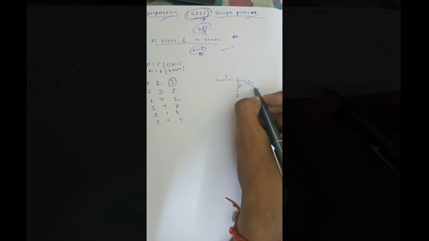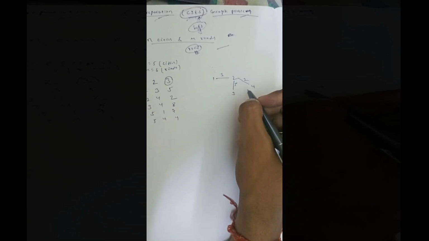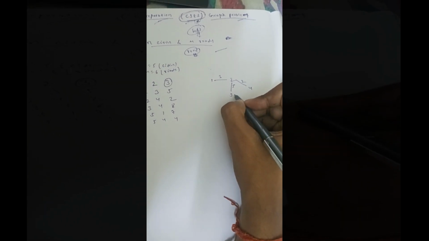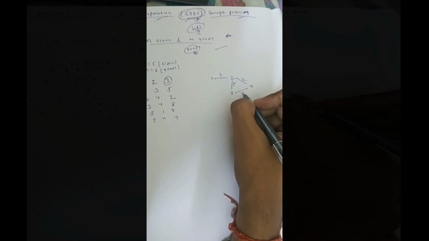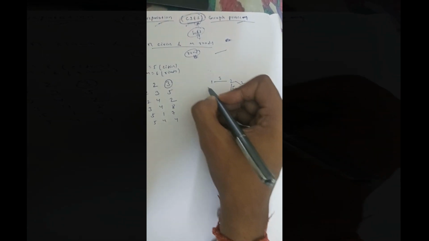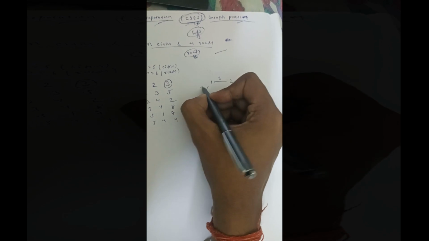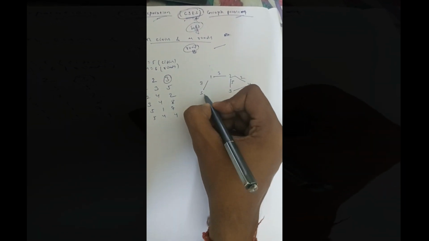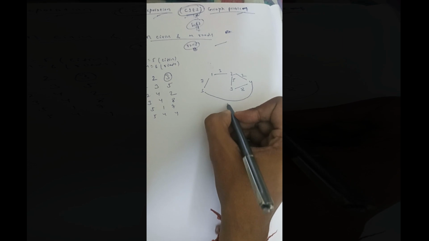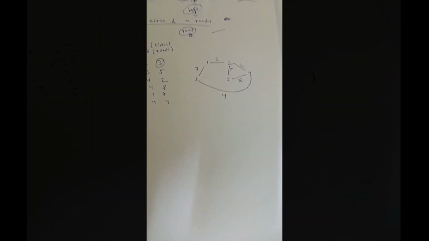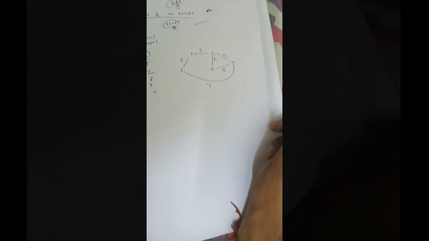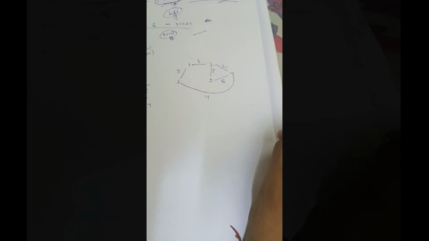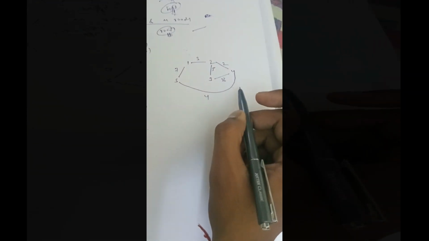Then 3 to 4 with distance 8. 5 to 1 with distance 7, and 5 to 4 with cost 4. So basically you have to repair the roads and the cost should be as minimum as possible. And if there does not exist any road between two cities, then print impossible.